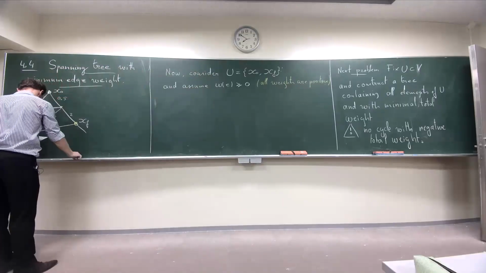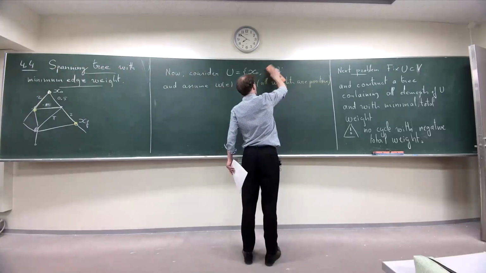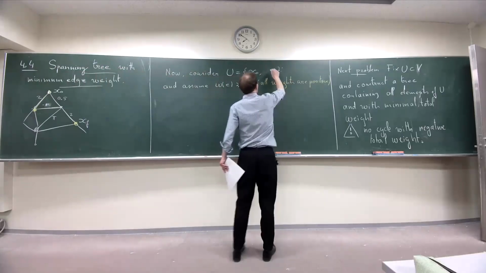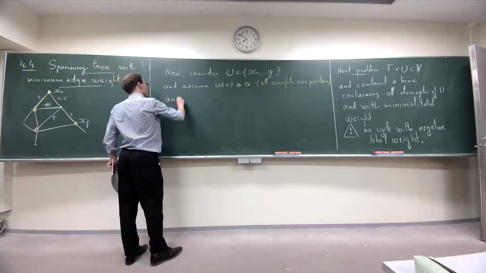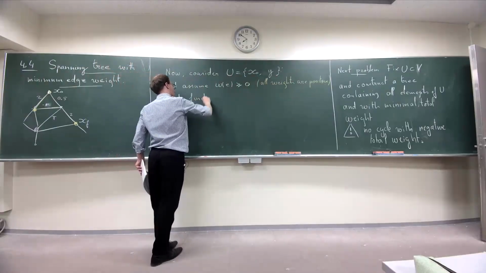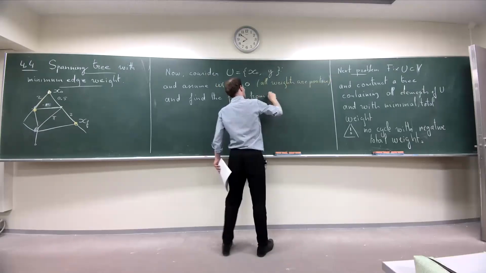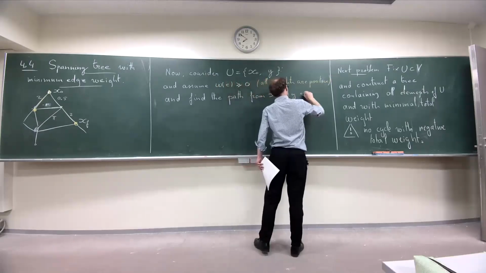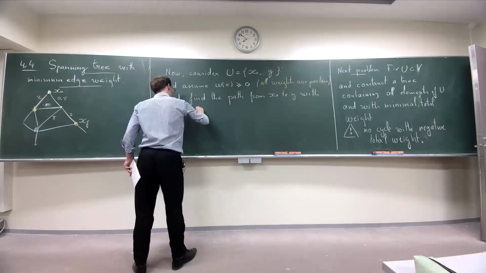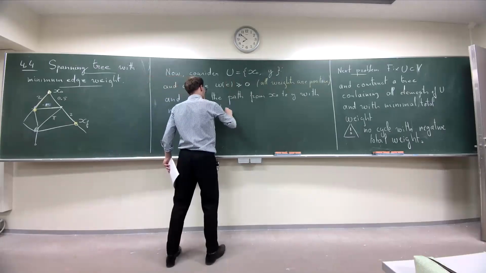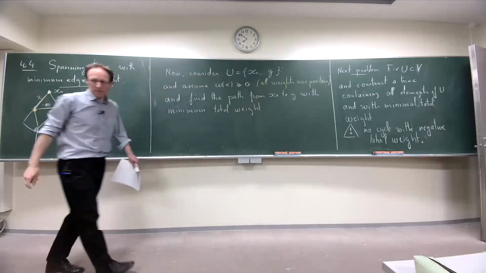And find the path from x0 to y with minimum total weight. And the path is a very specific tree, so I am still in this section.